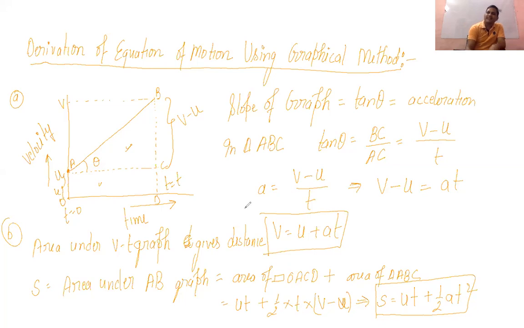When you are willing to calculate the area under this graph, you need to put the value of t, that is equal to v minus u upon a, and just get the equation.